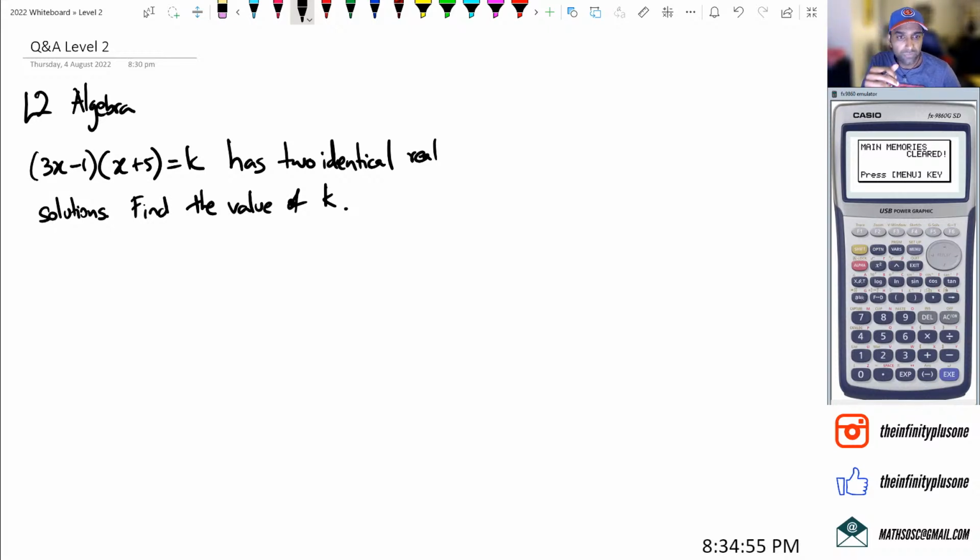If you guys want to have a go at this question, we can have a go at it. Otherwise, if you have any other questions, put them in the chat or send them to my email. I'll give you a couple of minutes to try this. Whenever you see these k questions, you really want to expand the brackets and simplify as far as possible so that your end equation looks like ax squared plus bx plus c is equal to 0.